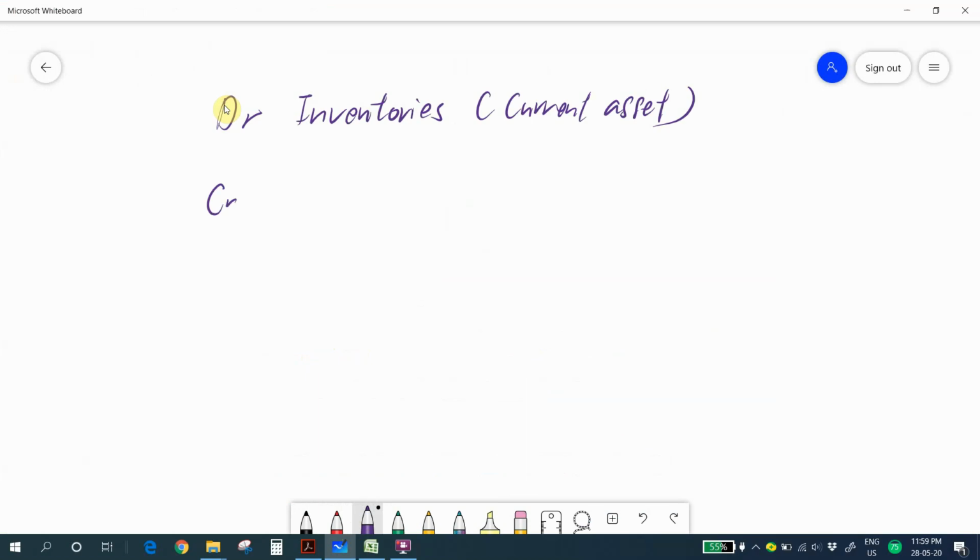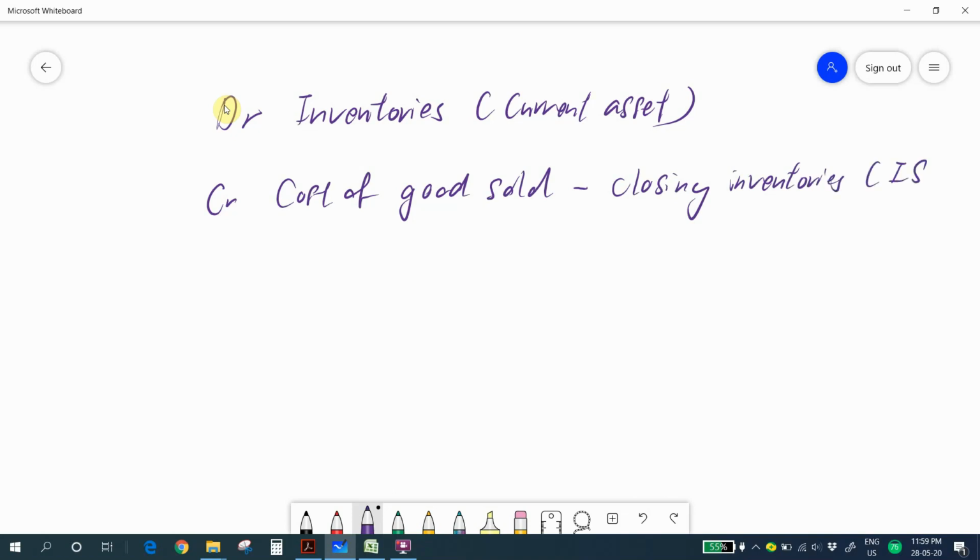The credit is on the cost of goods sold, closing inventory, and this is under income statement. So this is the double entry when we recognize the closing stock of a company. So this double entry is out of the trial balance, and we normally don't record the closing inventory value in our trial balance.